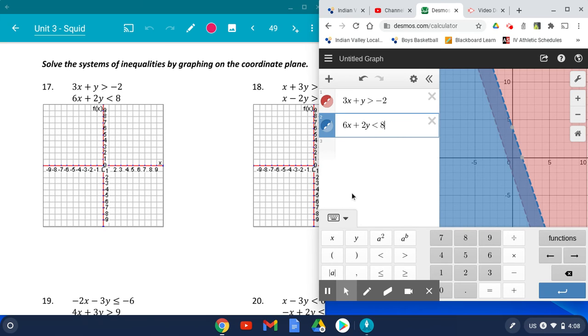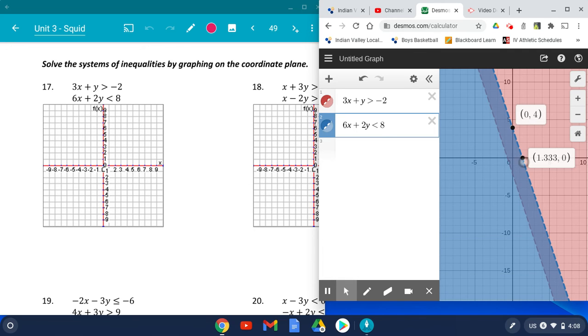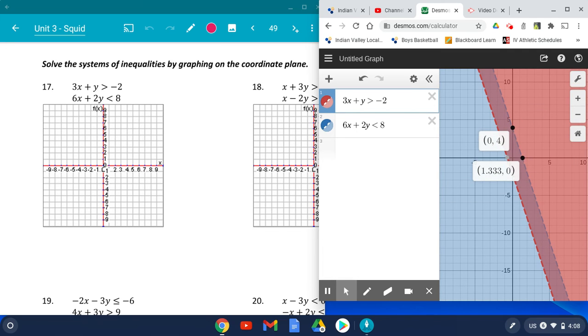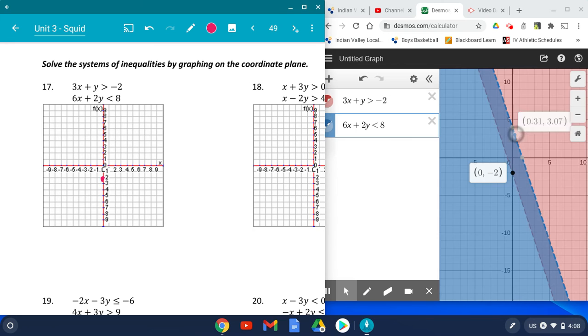Oh, check that out. That's some really interesting stuff right there. Crosses at negative 2. And this top one crosses at 4. They're both dotted.